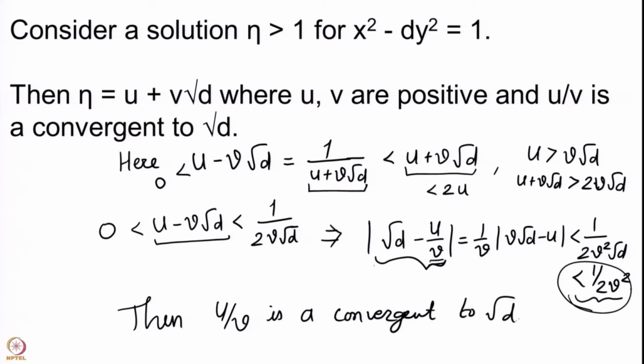So, this is some nice situation because we wanted to find a non-trivial solution to x square minus y square d equal to 1, and any such non-trivial solution bigger than 1 has to be a convergent to root d.